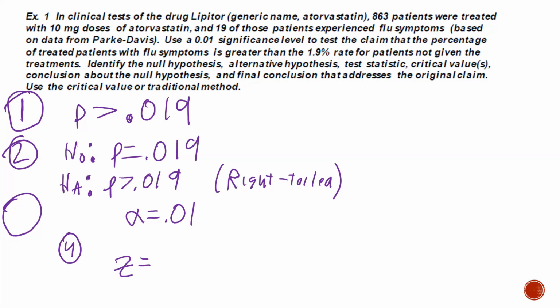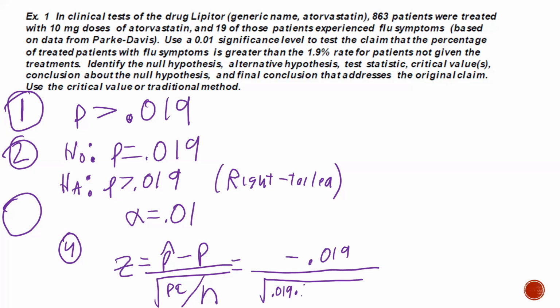And the formula for Z when you're doing proportions is p hat minus p, over the square root of p q over n. That's right. Okay, perfect. Good job. So let's just throw that in. Now, in this case, Q is going to be 0.981, which is 1 minus P.